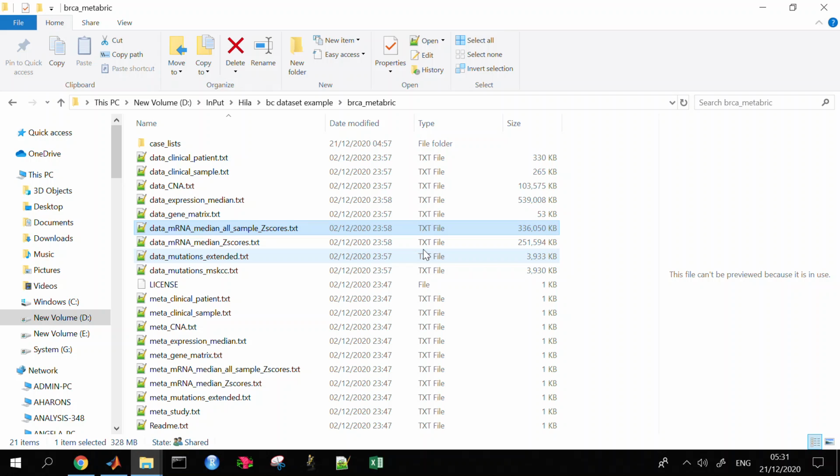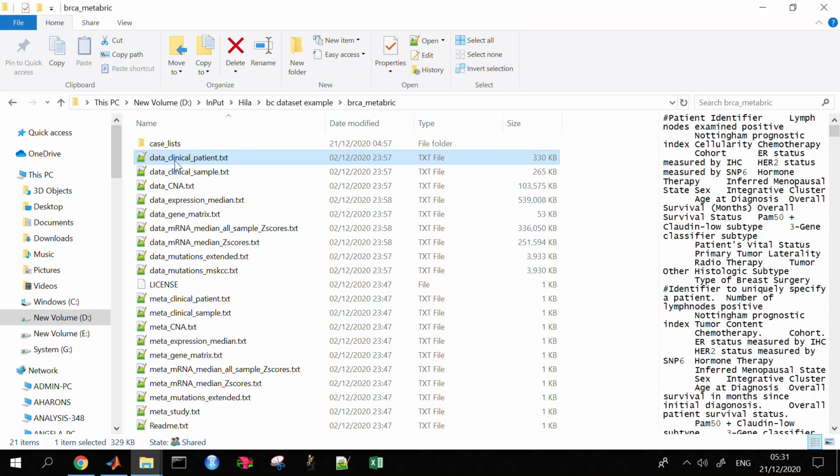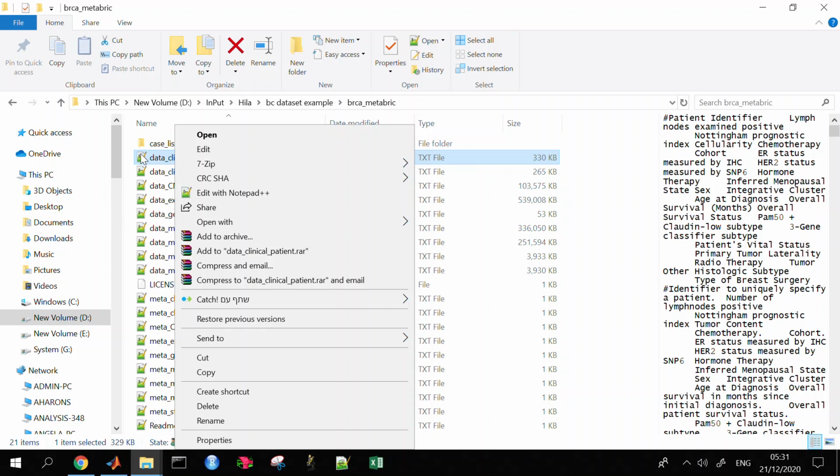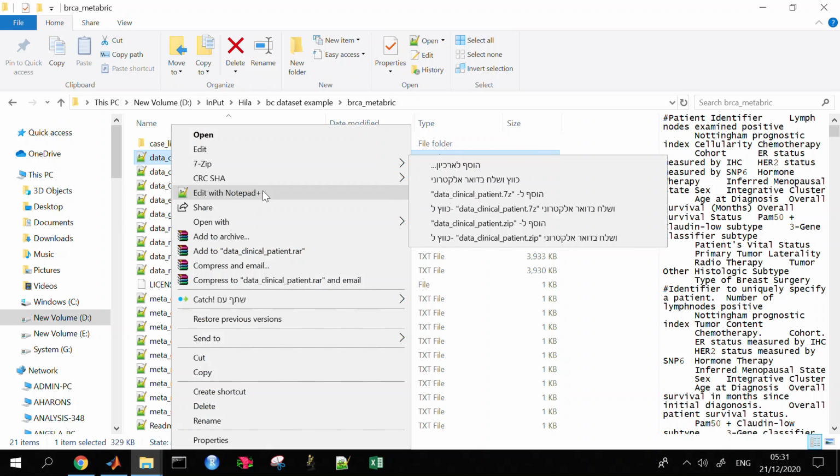I don't know if it was per patient or per row. Okay, and you have to save the file as an Excel file. I'll show that with the next table that we look for, and this is the clinical table.